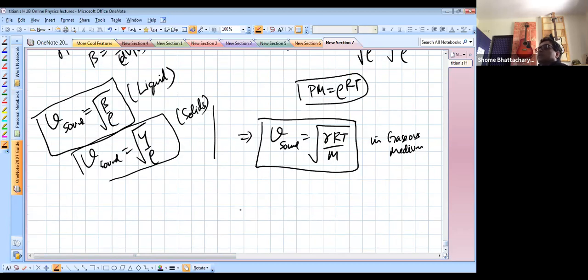But anyway, now coming back over there, whatever the speed of sound, that is equal to f lambda or omega by k.